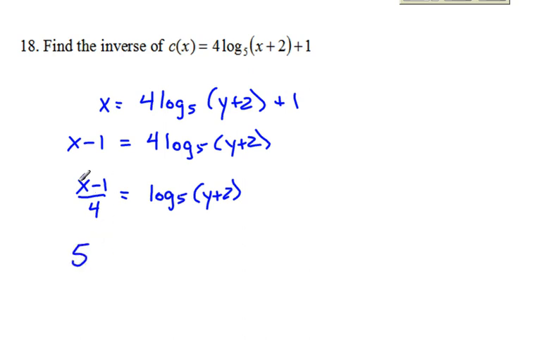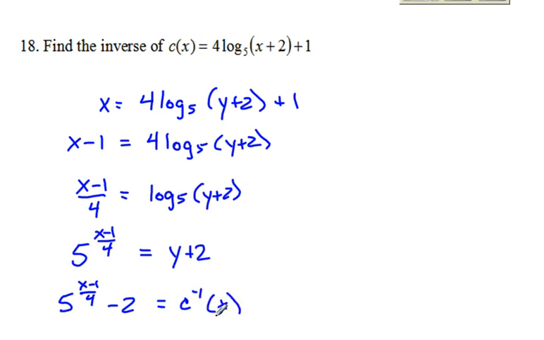The exponent is actually what the logarithm equals, x minus 1 over 4, and that's going to equal y plus 2. One last step, 5 to the x minus 1 all over 4, minus 2 equals y. Rather than writing y, we could write c inverse of x. And we're done with those problems.